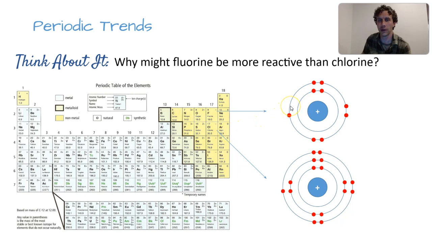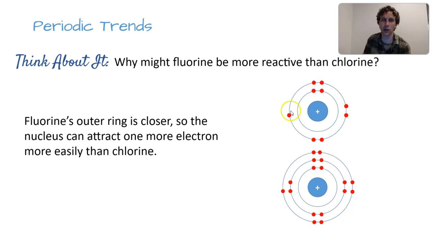Why might fluorine pick up an extra electron faster than chlorine would? Any guesses? Well, fluorine's outer ring is closer to the nucleus, and so the nucleus is better able to attract one more electron than chlorine, right? This outer shell is further away, and so it's harder for the nucleus to attract more electrons.